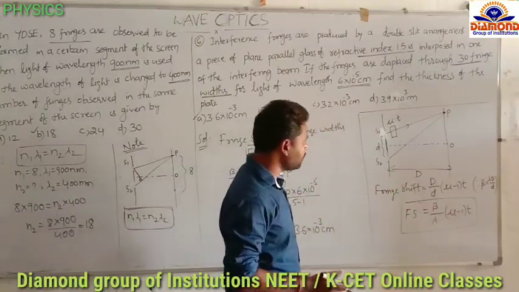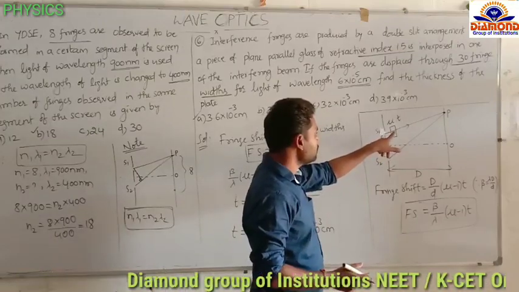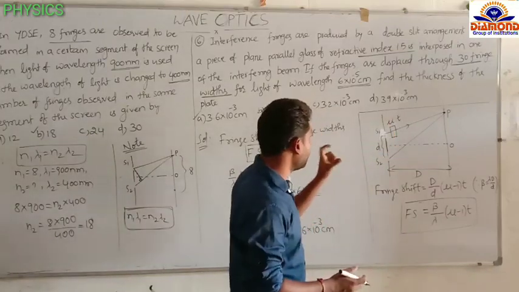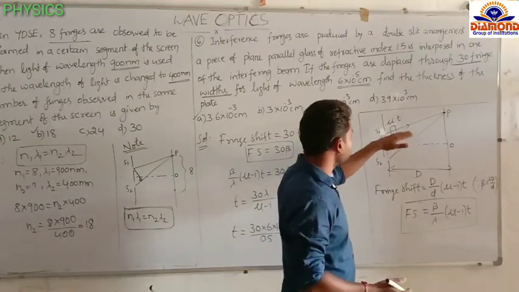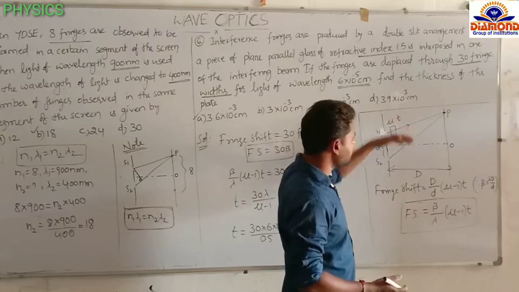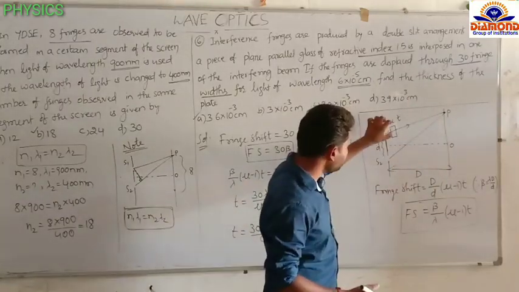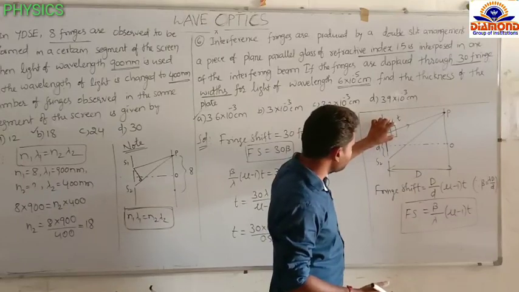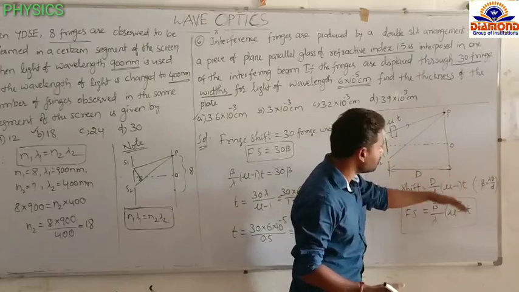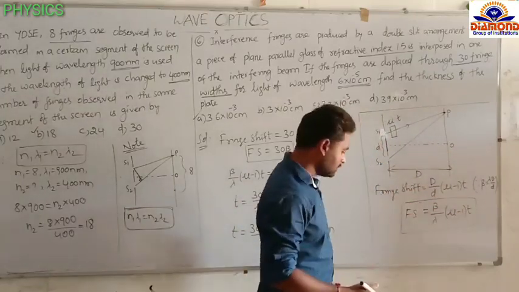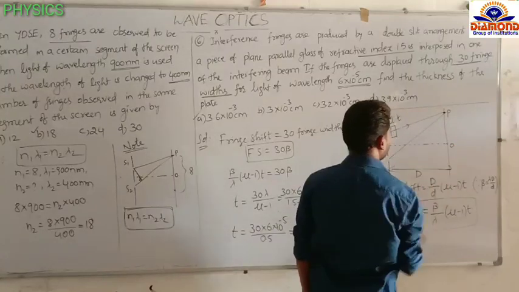Which direction it will shift depends on the position of this plate. If the plate is in front of S1, the upside slit, then the fringes will shift in the upward direction. If the glass plate is in front of the S2 slit, the downside slit, then the fringes will be shifted in the downward direction. Actually the central maxima will form at the O point.